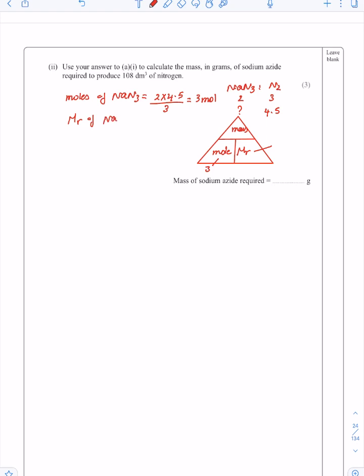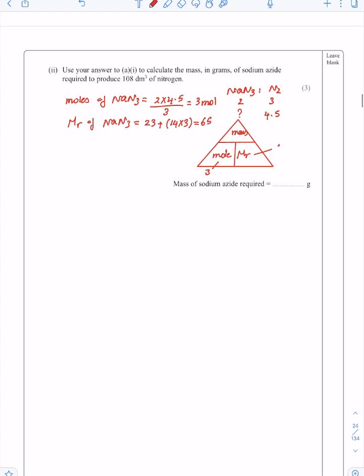Mr of sodium azide is equal to وزن الصوديوم 23 والنيتروجين 14 by 3. يبقى كله على بعضه 65. احط ال Mr 65 ويبقى هنا الماس of sodium azide is equal to المولز 3 by ال Mr 65 يطلع 195 grams.